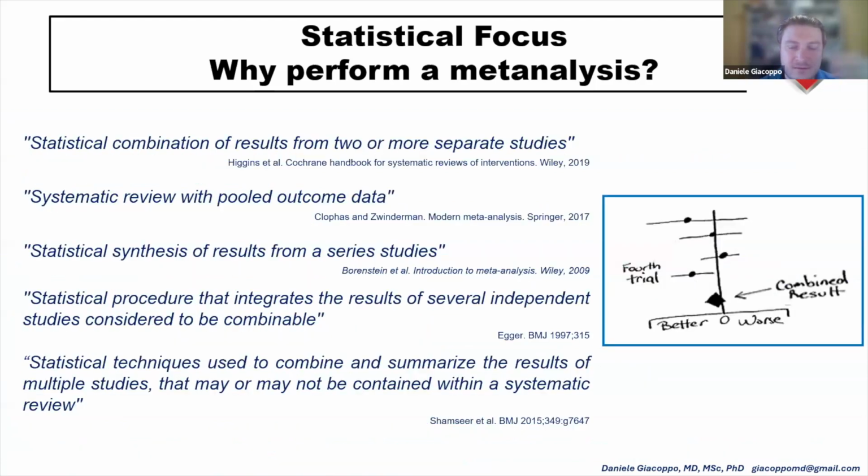There are several definitions you can find in renowned books and reviews on the topic, but I would say it is the statistical synthesis of the evidence. It's a good definition for meta-analysis.